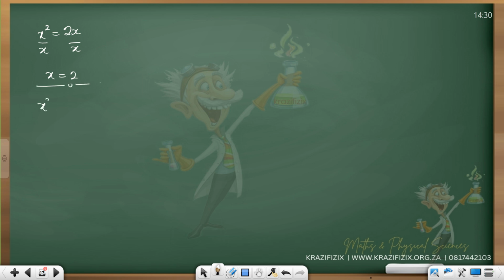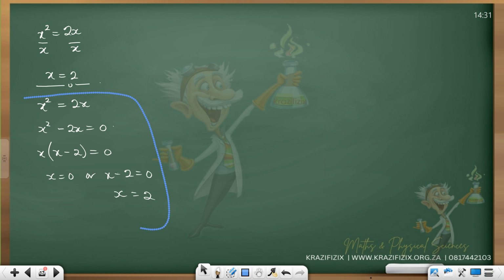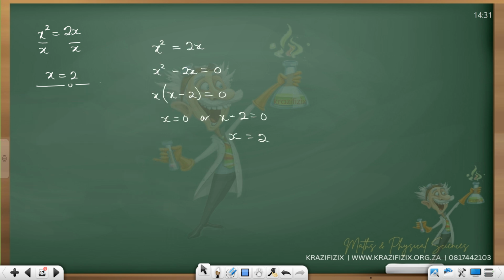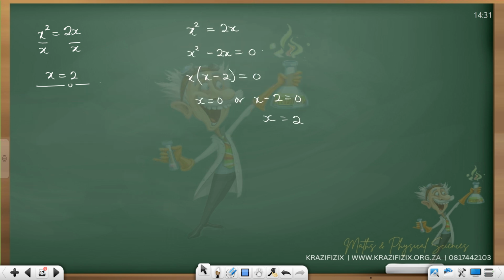But a learner who realizes the importance of following the laws of maths makes sure the right hand side is a 0. x squared minus 2x equals 0, so x(x minus 2) equals 0. x equals 0, or x minus 2 equals 0, so x equals 2. Do you notice learner B has 2 solutions, and learner A has 1 solution.